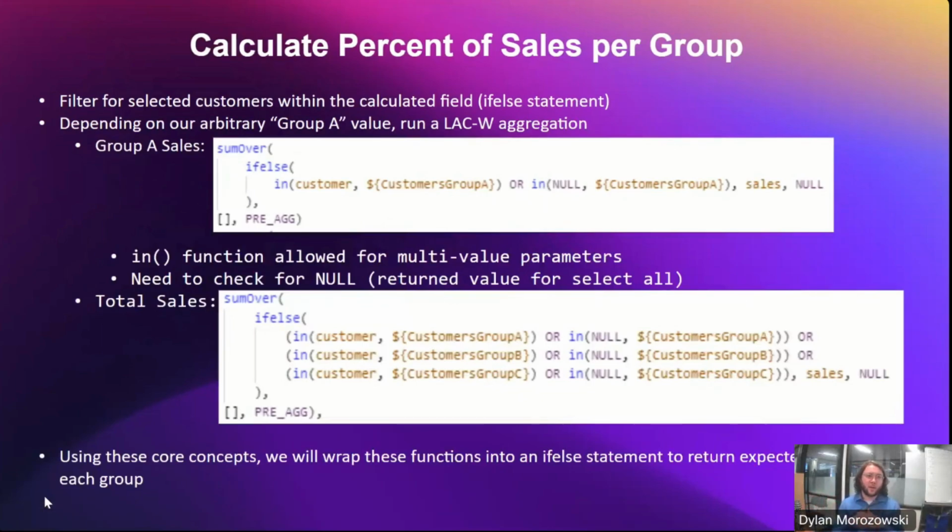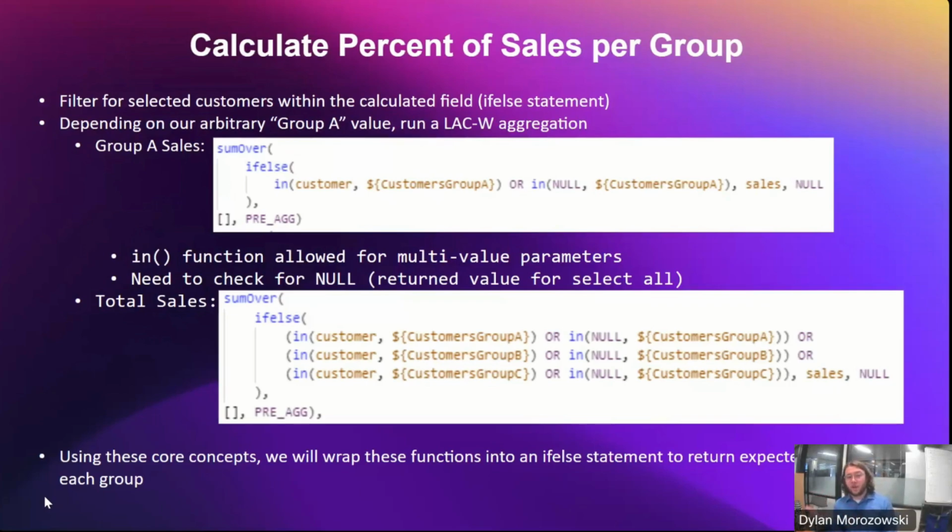So we want to be able to filter to the selected customers, and that's going to be managed in our calculated field. So now instead of doing a filter on the visual, I'm going to be doing a sum over for each group, where we're going to look at who is selected in customers group A. And if you haven't worked with multi-select parameters in a calculated field, you're going to have to check using the in function, okay? And there's a second trick here.